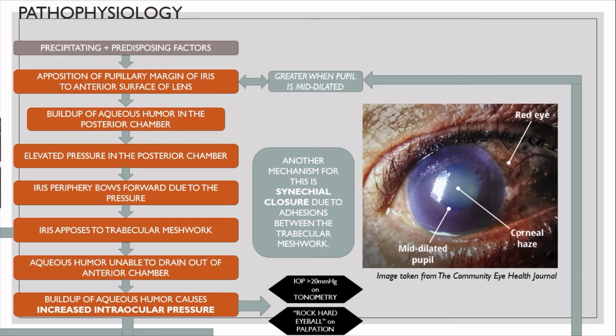And this is one of the reasons why acute angle glaucoma is one of the conditions that requires treatment within hours, because this cycle of apposition and then buildup of pressure can be vicious, and it can go on and on until we get permanent damage of the optic nerve, and apparently we don't want that.